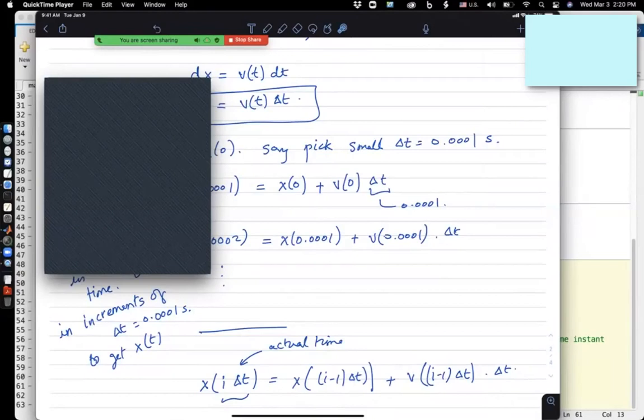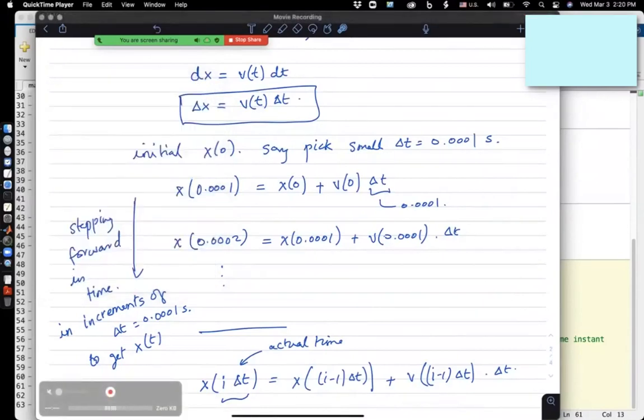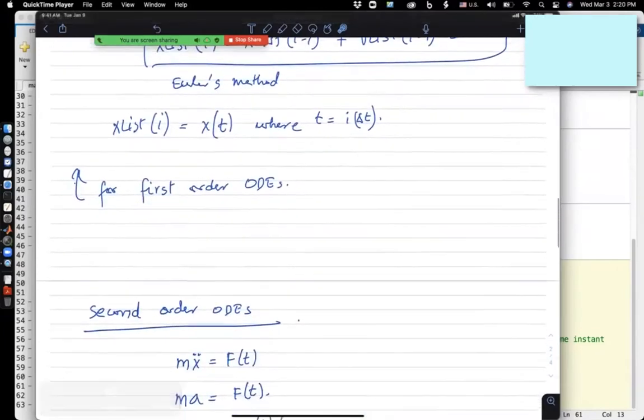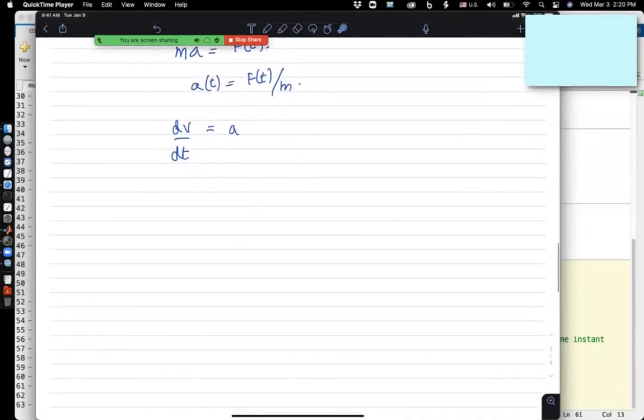Or you can think of it as a Taylor series approximation, where you're taking out the linear term. You'll have to do an integral, but you're just doing this delta t multiplication. We can think of it as a truncated Taylor series, a few different ways of thinking of this as an approximation. But absolutely, this is an approximation, and in some sense the simplest or the crudest approximation.